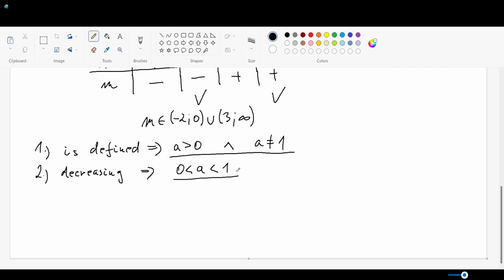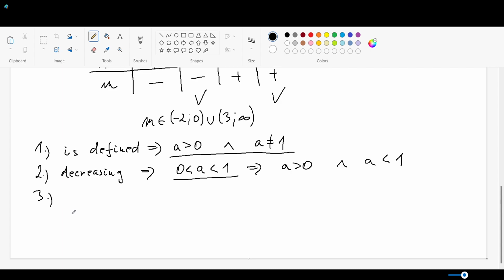Probably I will make one more video about this task, because here you have to be careful, and in this case you'll be solving 2 inequalities. The first one will be a is greater than 0, and the second one would be a is less than 1. By solving these 2 inequalities and making the disjunction, you will find the final solution.